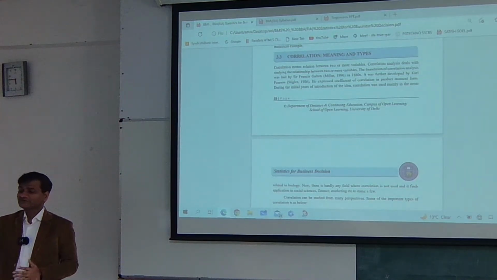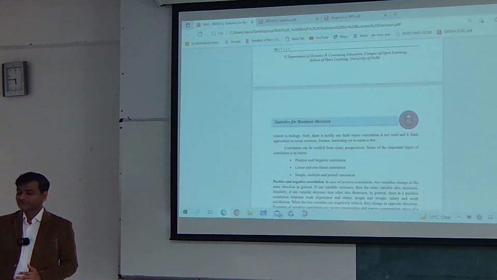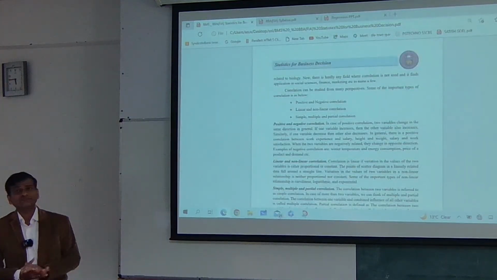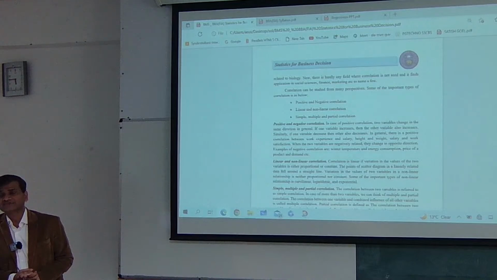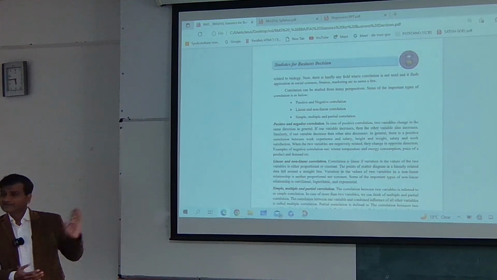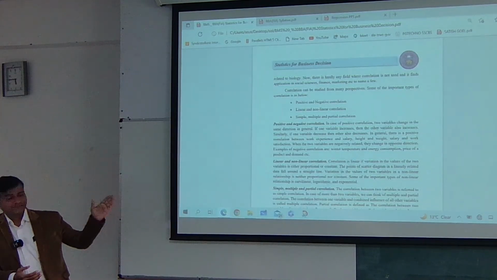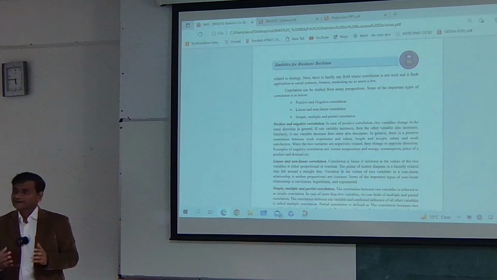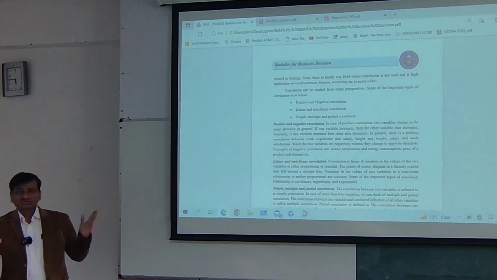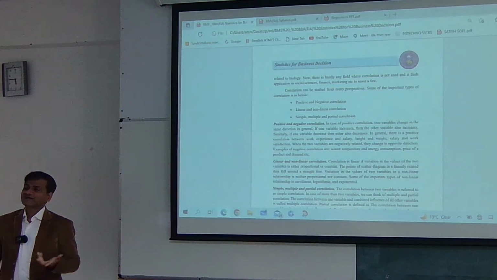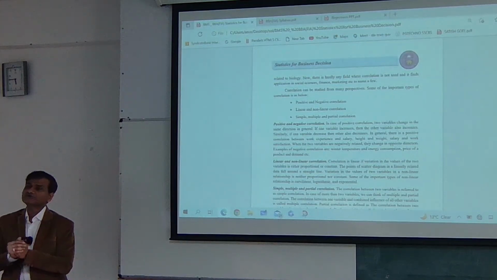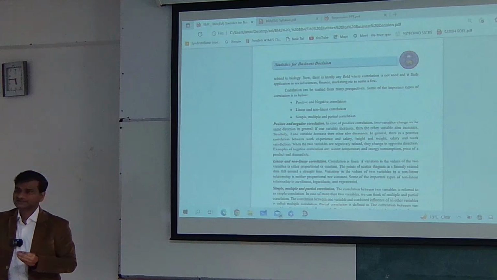So first of all, we would go again to correlation. You can see the correlation can be of different types. It can be positive correlation, it can be negative correlation, linear, non-linear, which we already discussed. Then we have simple, multiple and partial correlation. Positive correlation means when 2 variables are related positively, that if x increases then y also increases.